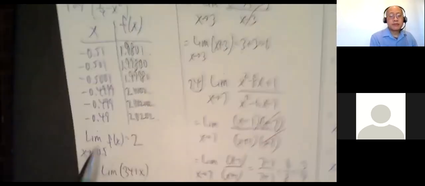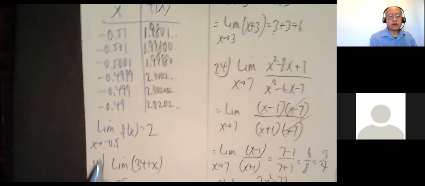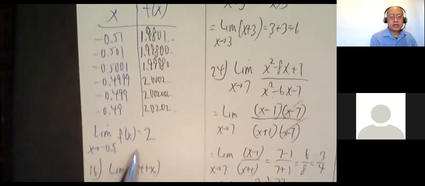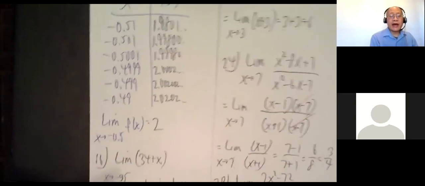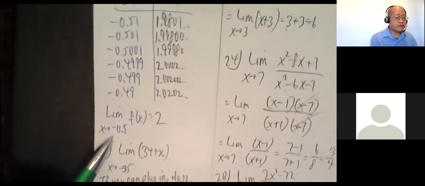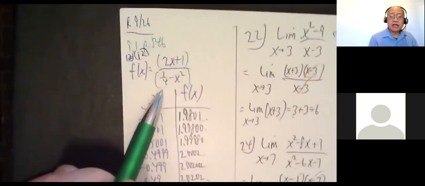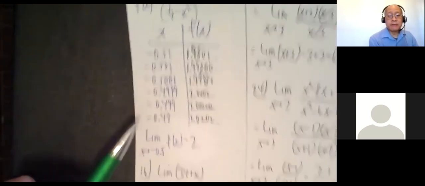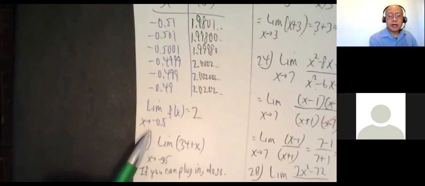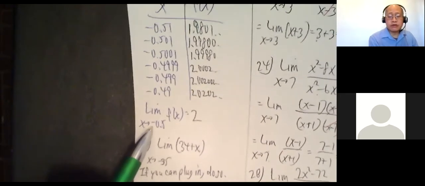So that's what we're going to say. Limit as x approaches negative 0.5 of f of x is equal to 2. Even though f of negative 0.5 is not defined, I cannot plug in negative 0.5. But that's what's happening here. This symbolism says we're plugging in numbers very close to negative 0.5.